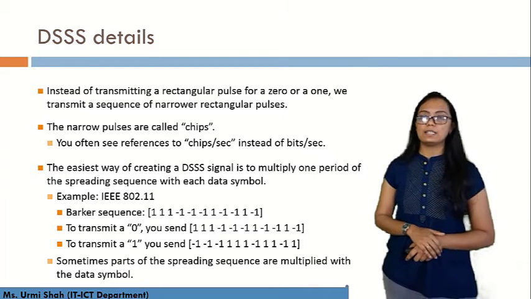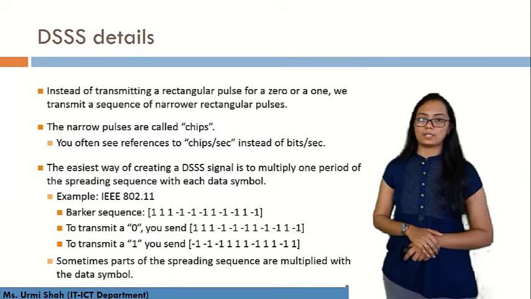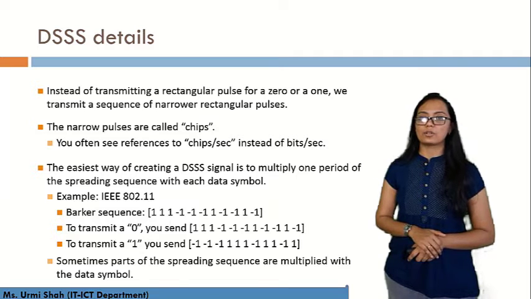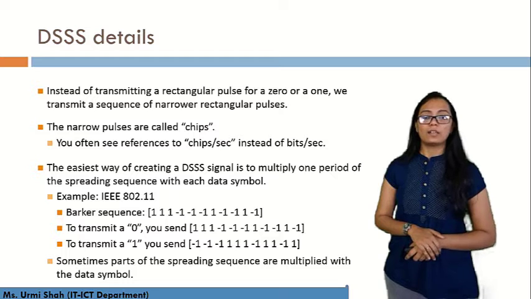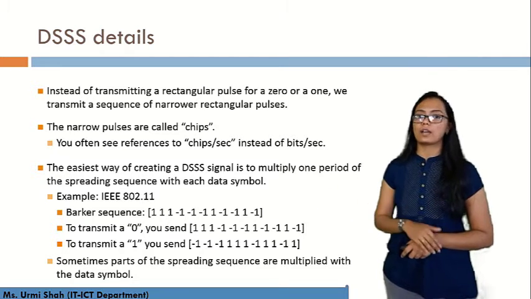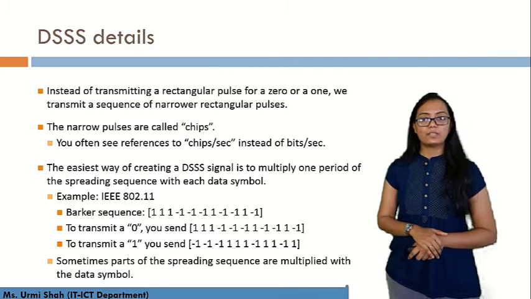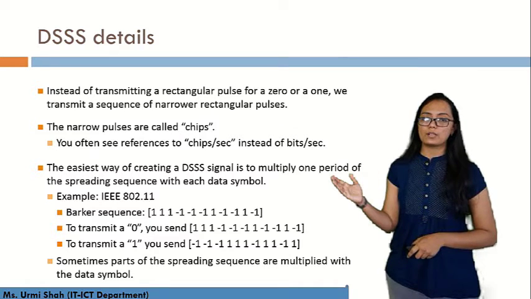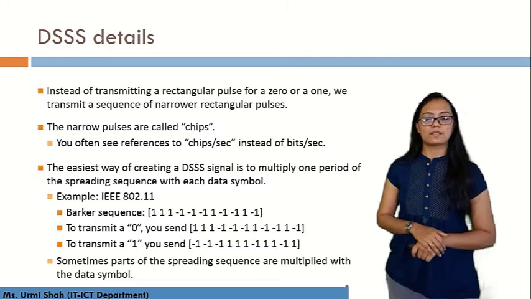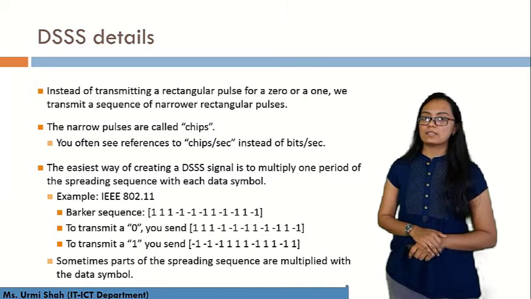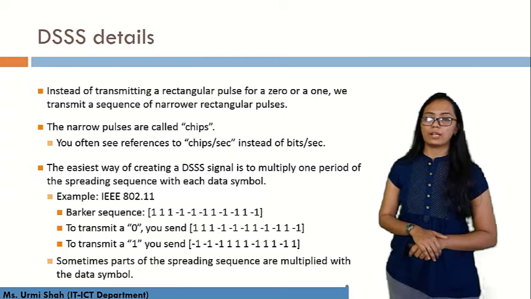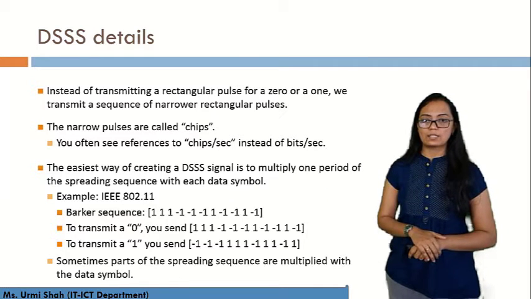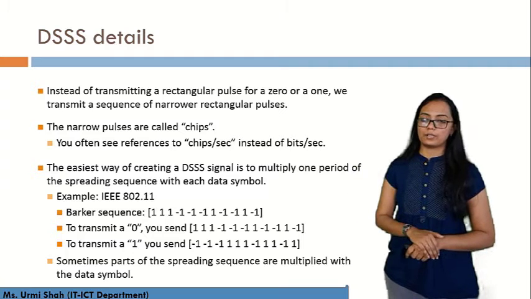In DSSS in detail, instead of transmitting a rectangular pulse for a 0 or 1, we transmit a sequence of narrower rectangular pulses. The narrow pulses are called chips, and you often see references to chips per second instead of bits per second. The easiest way of creating a DSSS signal is to multiply one period of the spreading sequence with each data symbol.